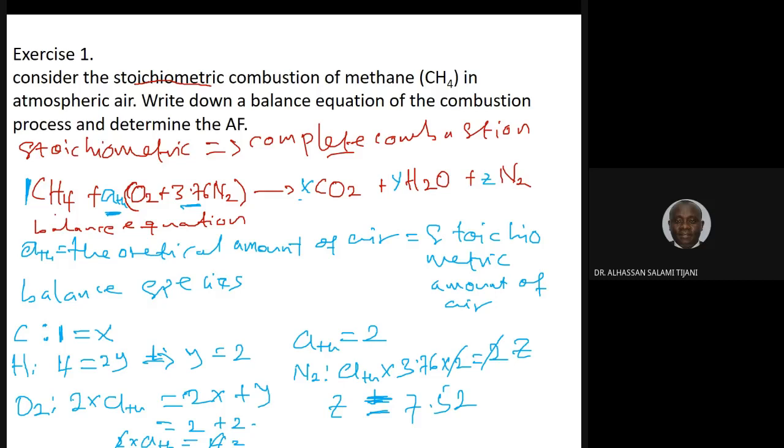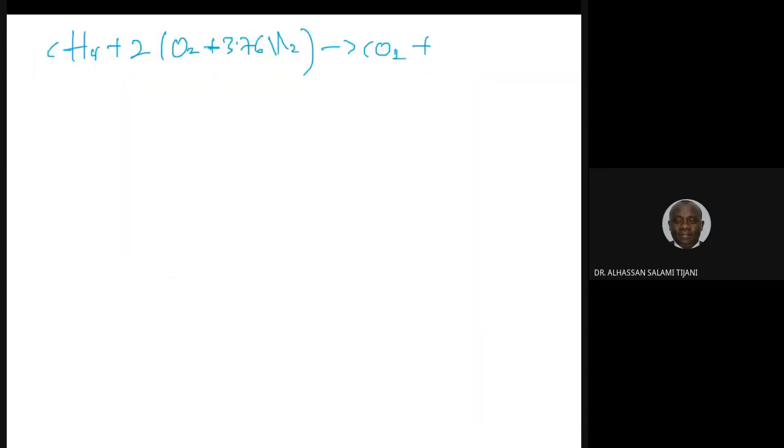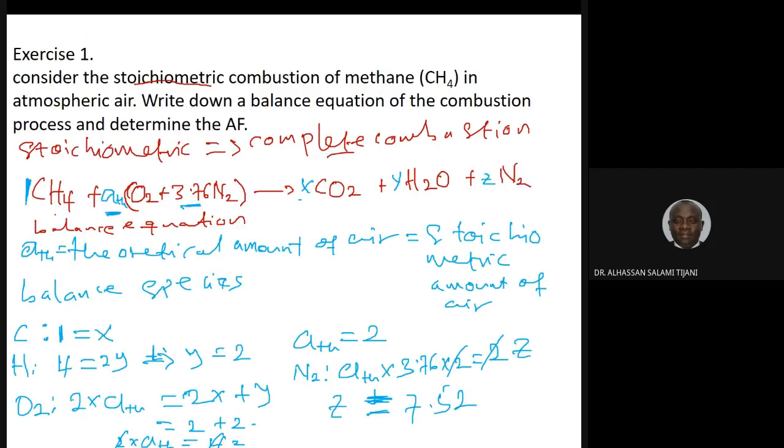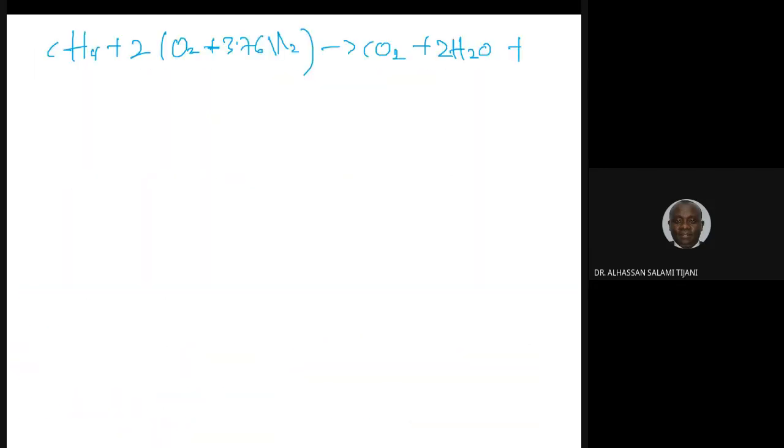Hydrogen, Y is 2, so I have 2 moles of water plus nitrogen, that is 7.52. All right. So this is the balanced equation for the combustion reaction.